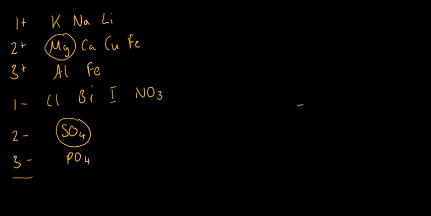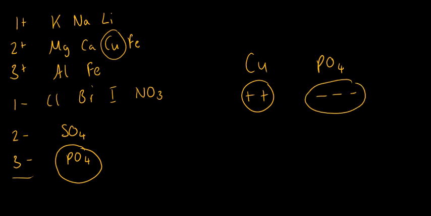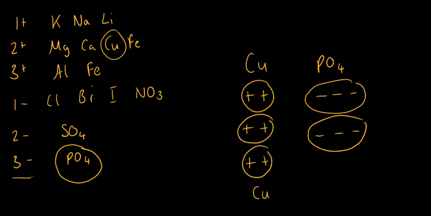Okay, and then let's do another one. Let's say, for example, I have copper phosphate. So I'm going to do copper, 2 positive, phosphate, 3 negatives. So I'm going to need to do my usual trick, increase this to 6, add another 2 coppers. So this is going to be copper 3, phosphate 2, brackets, like so.